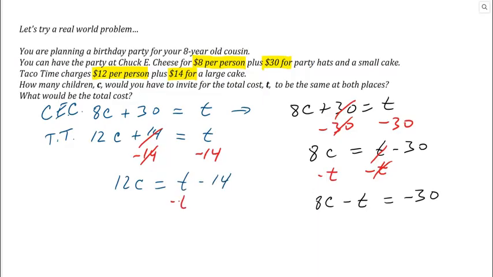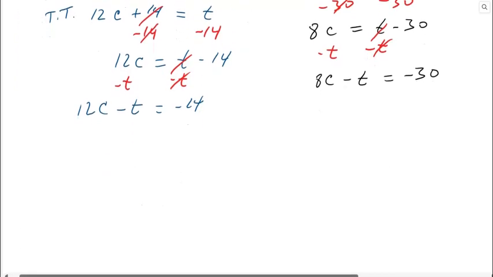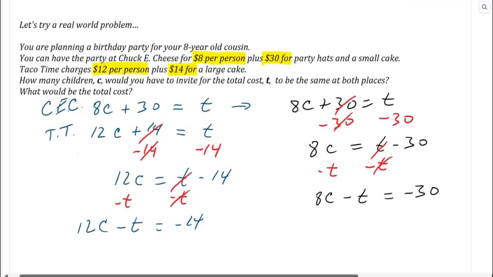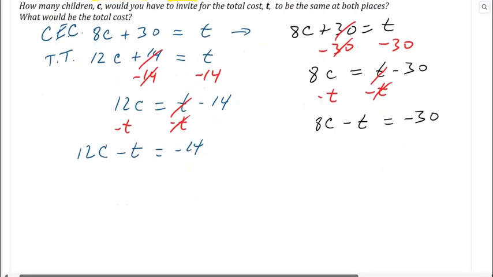I have to subtract T from that side and that side, cancel out over there, and I end up with negative 14 and 12C minus T over here. So now I have two different equations in standard form: 12C minus T equals negative 14 and 8C minus T equals negative 30.